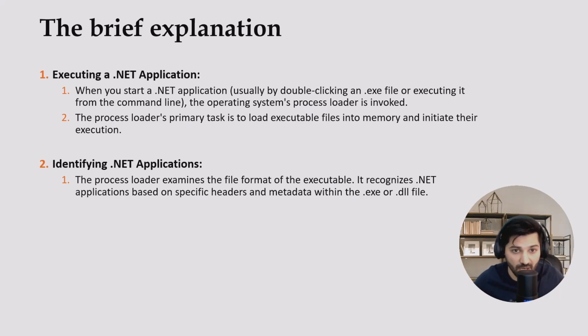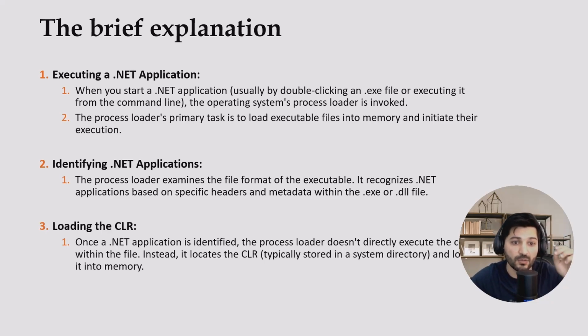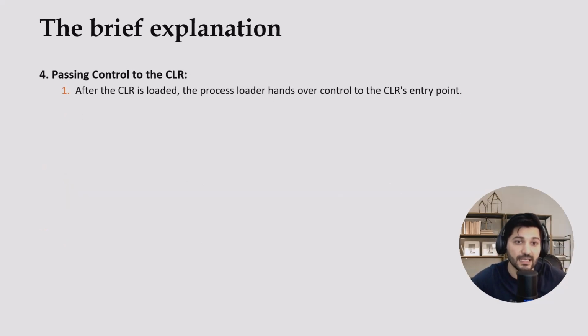Actually, we have assembly files, and it doesn't matter if you are building a DLL file or an exe file, they are actually called assembly files. And the responsibility of the operating system's process loader is actually to check if everything is okay, to check if it is the real .NET assembly file using specific headers and metadata. And once everything is okay, it triggers the CLR, Common Language Runtime, and then the CLR is loaded.